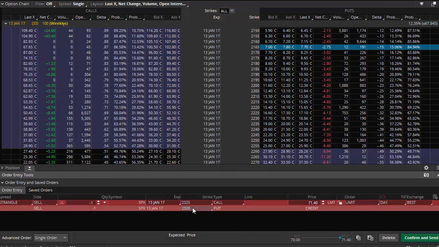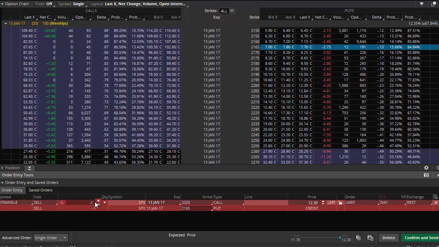Now here we have my 23.25 short call. In terms of the put, right now it's a default, but I'm going to simply go down to the 21.65, which is the strike price that I chose for my short put. Now, as we can see, the total credit that I will receive at the current price is around $12.30, which is a significant amount for this particular strangle.